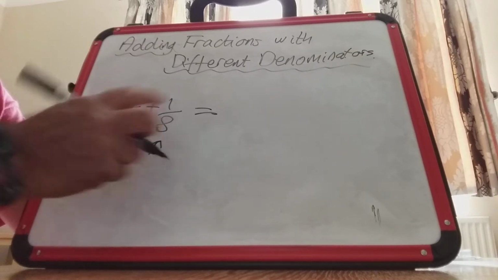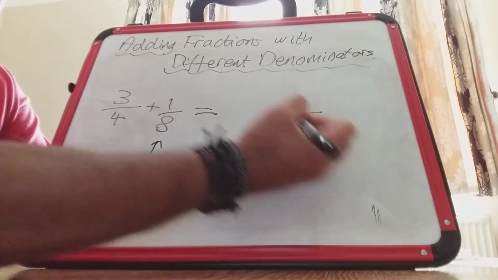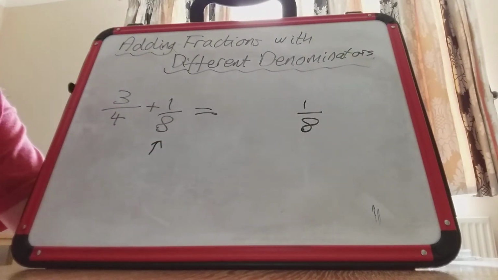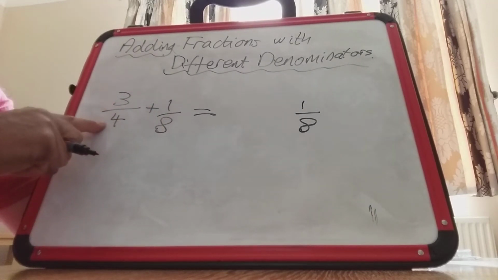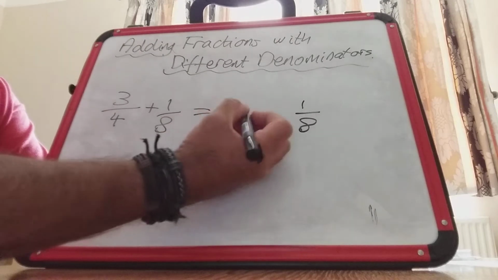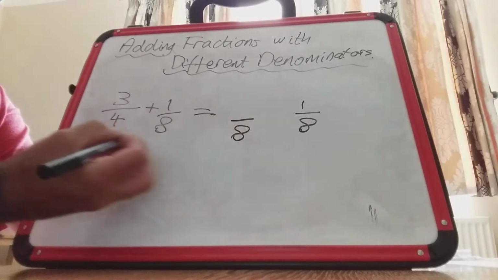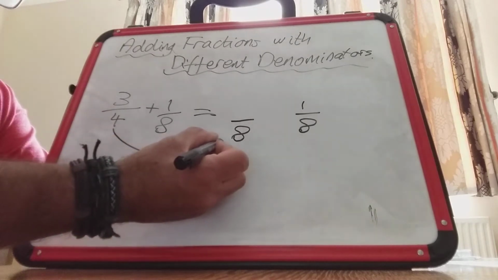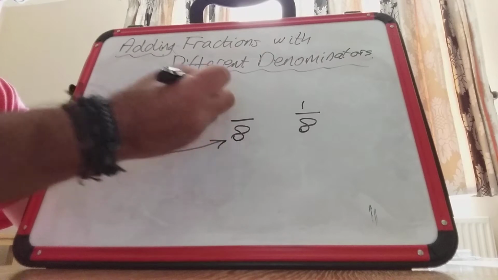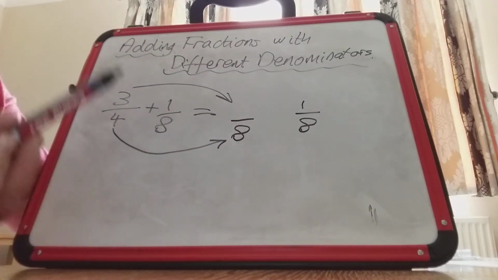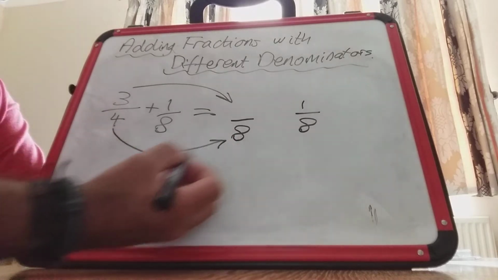So 1/8 we can leave as 1/8 because that's already in the right format. But we've got to change 3/4 into eighths. So we've got to change the 4 into an 8, and then we've got to change the 3 into something such that it's correct.